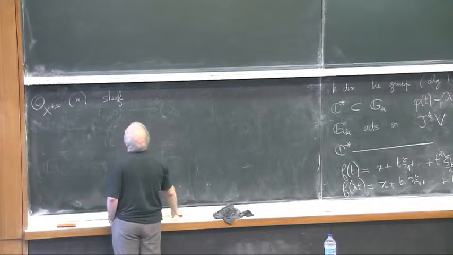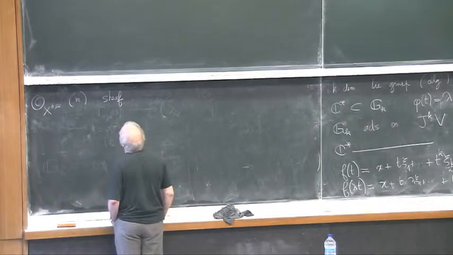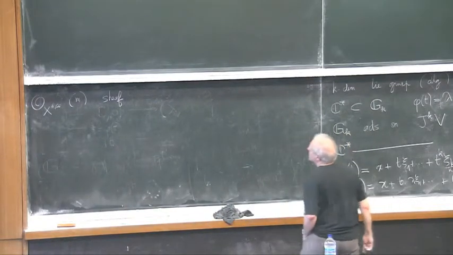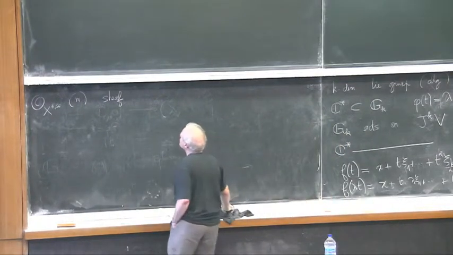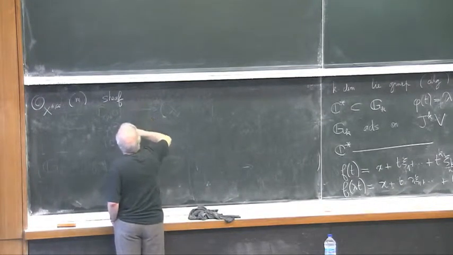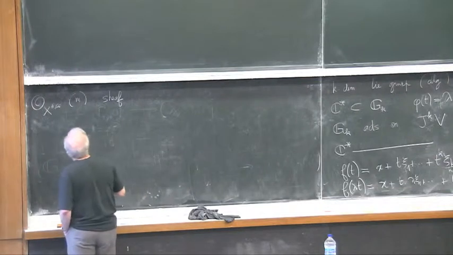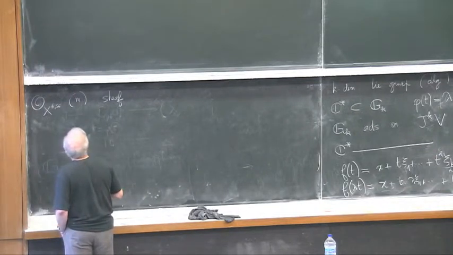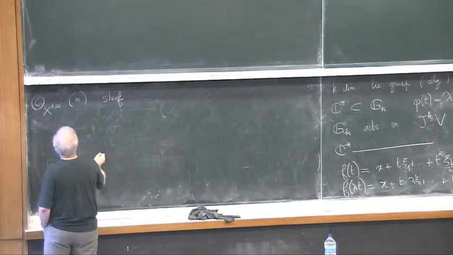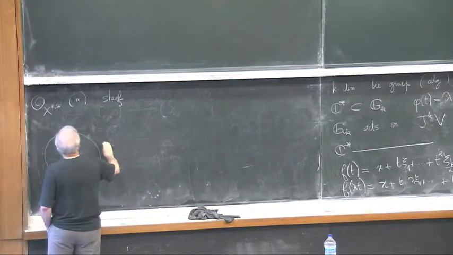Well, not on X. It's a sheaf on the projective space. Okay. This is the canonical sheaf. Okay. Maybe I draw a picture. So you have this projective space here.